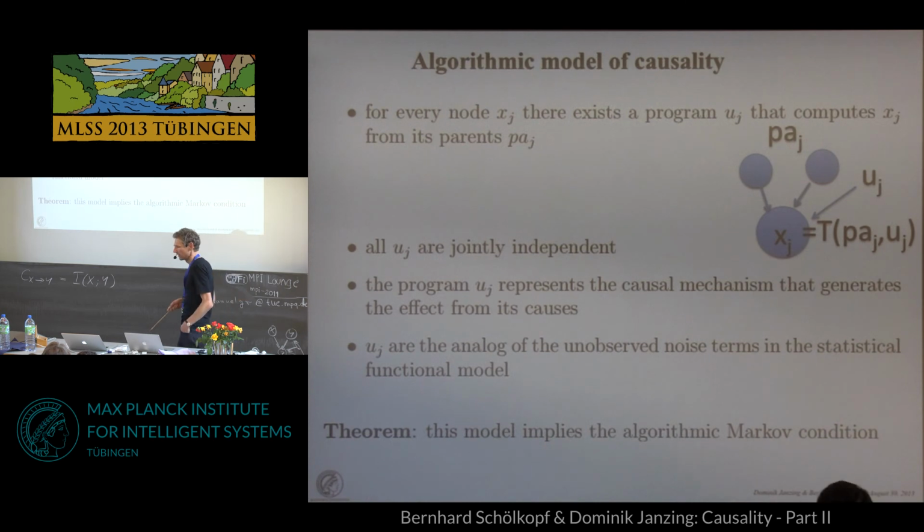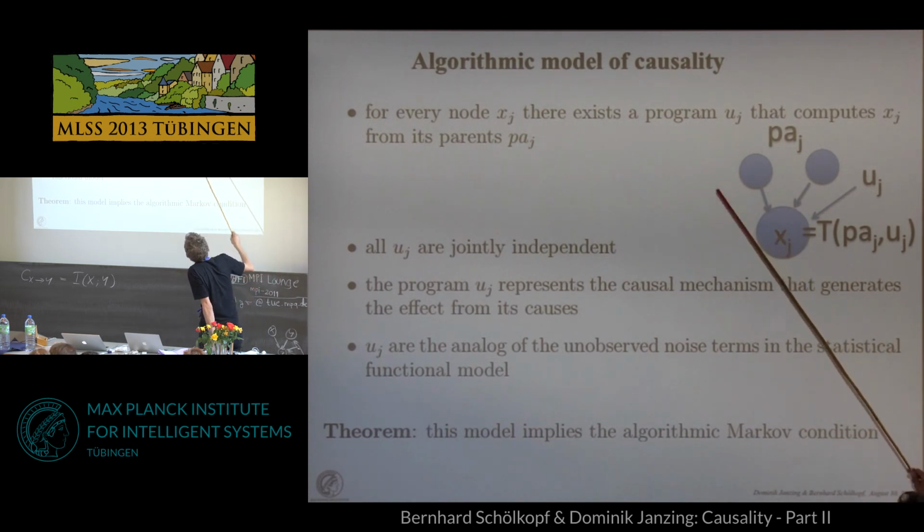We recall how the statistical causal Markov condition can be justified, or how Pearl justified it. Pearl justified it via structural equation models, and we just tried to copy that. And the algorithmic analogue of a structural equation model is just the following.